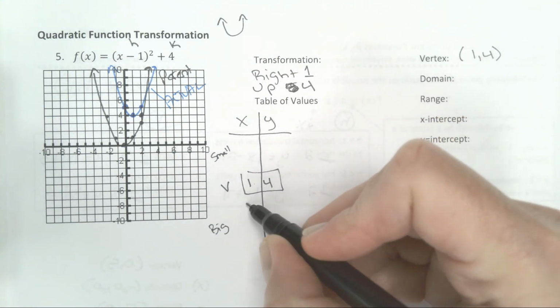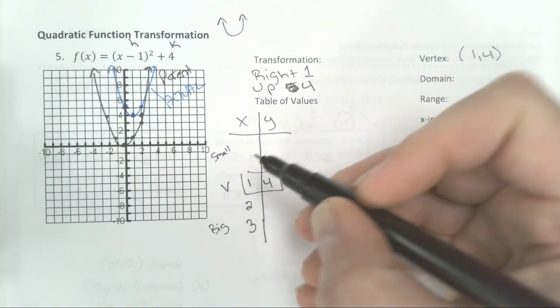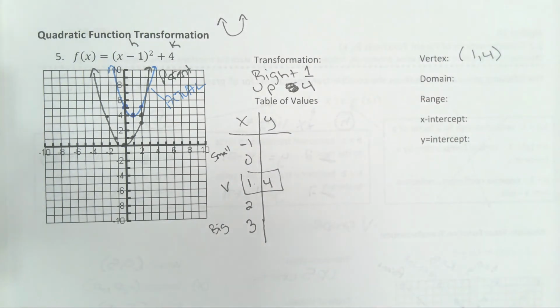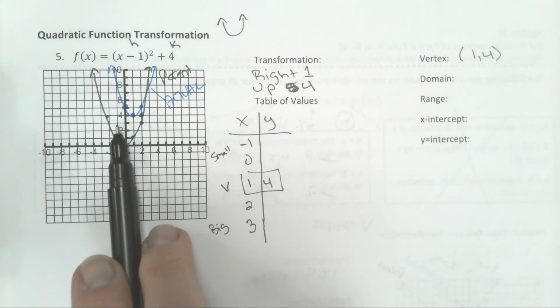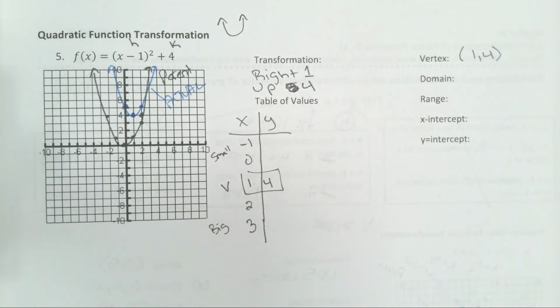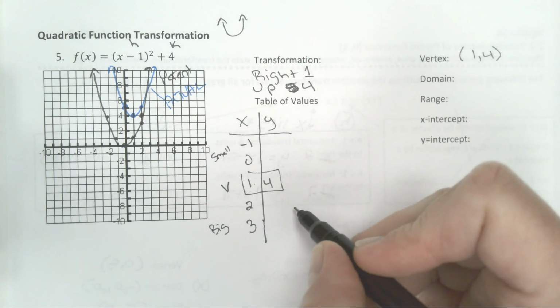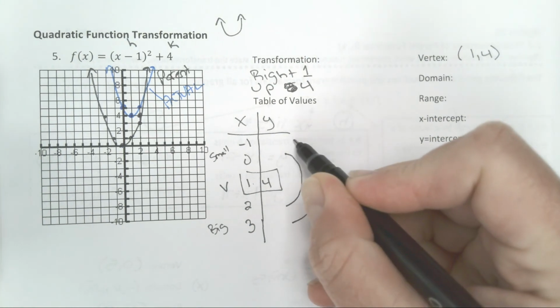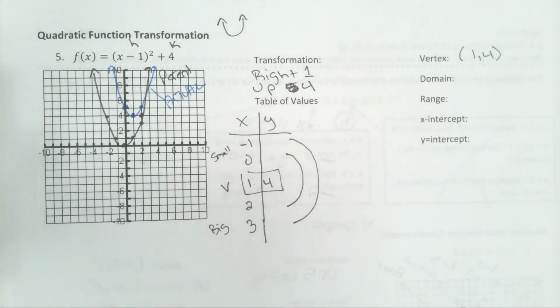So when I go bigger, that means I'm going to use 2 and 3. And when I go smaller, that means I'm going to use 0 and -1. Just like the absolute value graph, this is going to have symmetry to it. So this y value will match that one, and that y value will match that one. But just to double check, I'm going to plug them all in today.